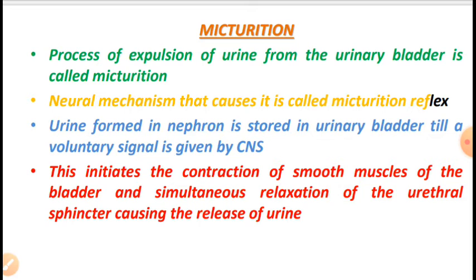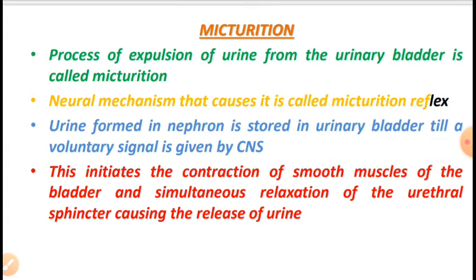Urine is light yellow in color. It is a watery fluid which is slightly acidic. Its pH is around 6, and it has a characteristic odor. On average, 25 to 30 grams of urea is excreted out per day.